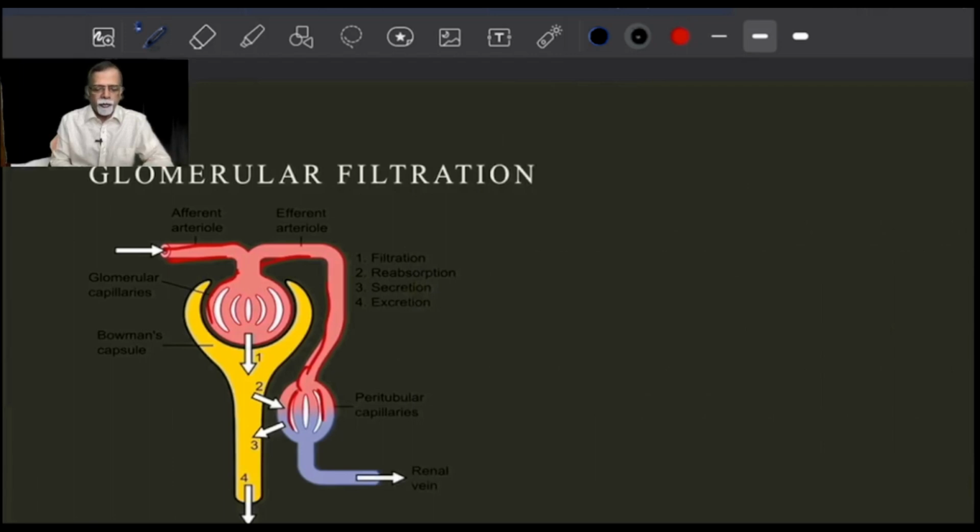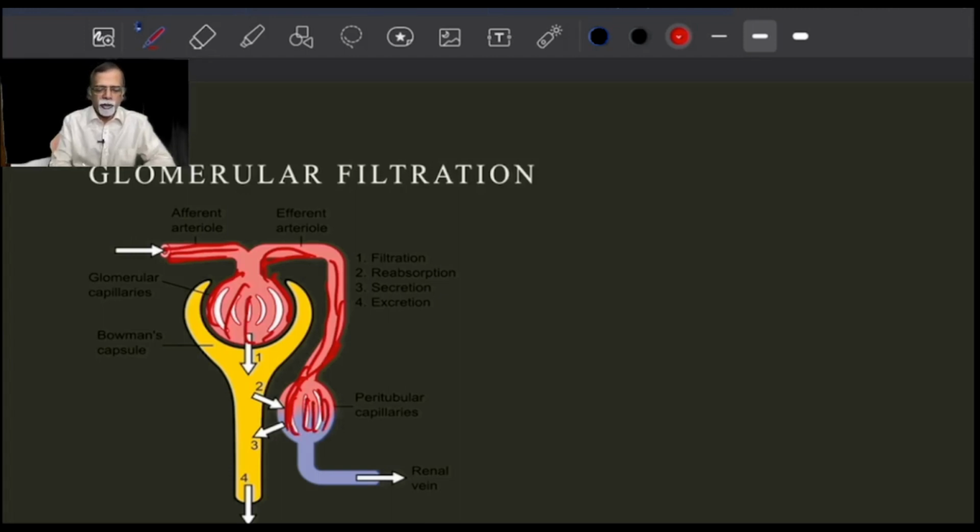So we have learned about the glomeruli. There is an afferent arteriole which forms the capillaries, and then again it forms the efferent arteriole, and the efferent arteriole again branches, branching around the tubules, that is called the peritubular capillaries.